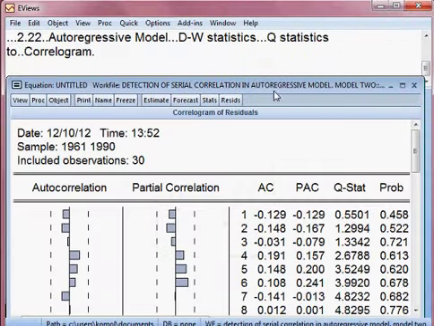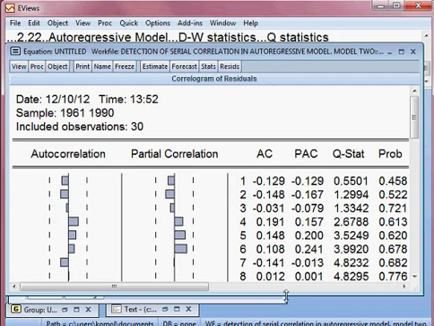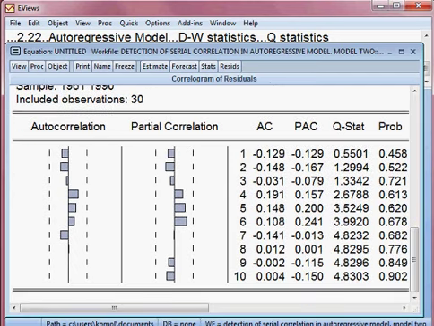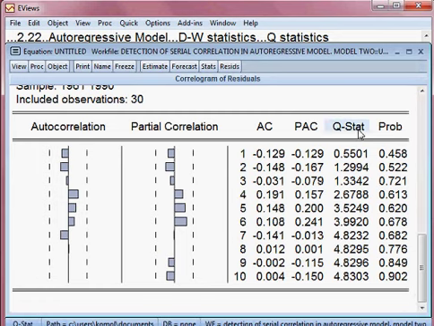Okay, the result has come up. The Q statistics and the probability have come up. You can see this is the autocorrelation coefficient, right? This value of 0.004 is actually 0, so there is no spike.